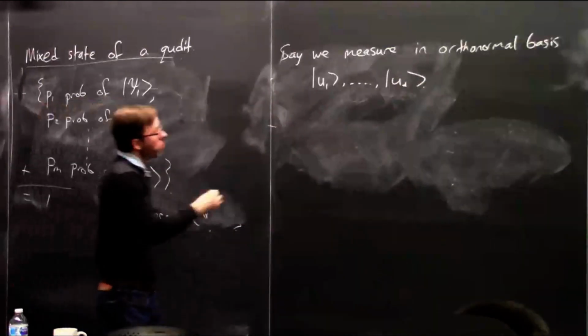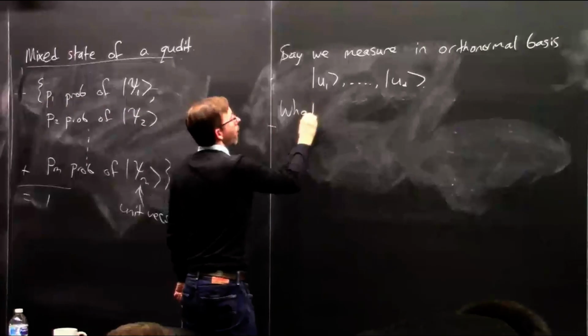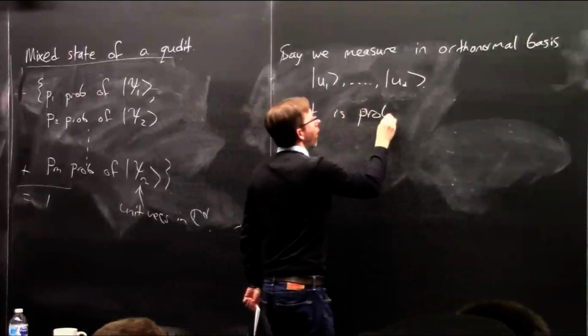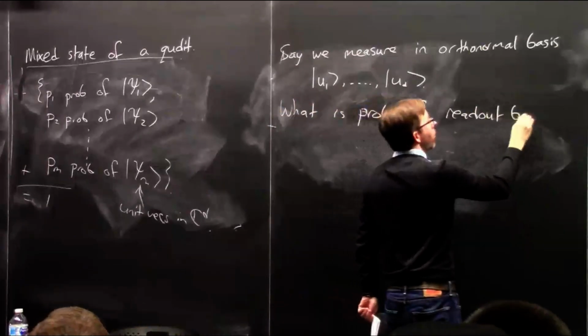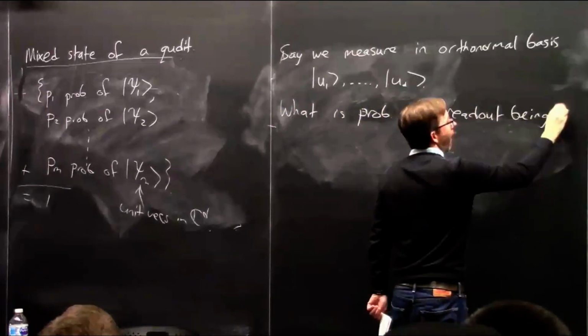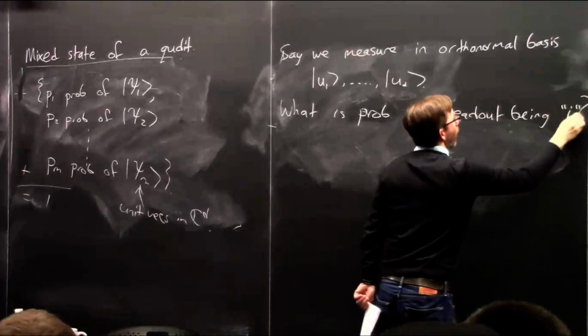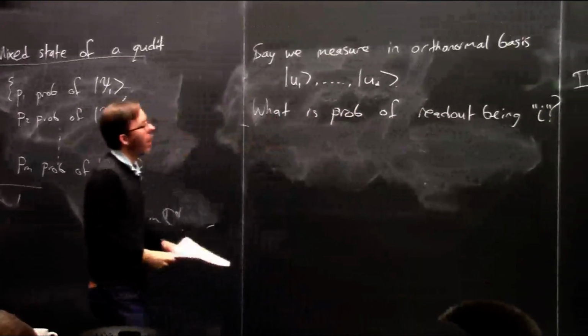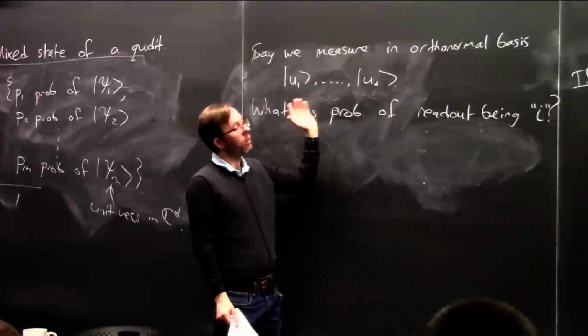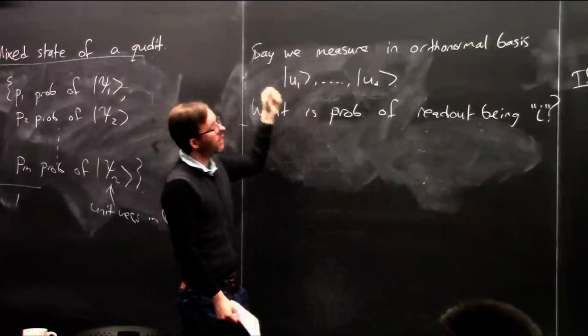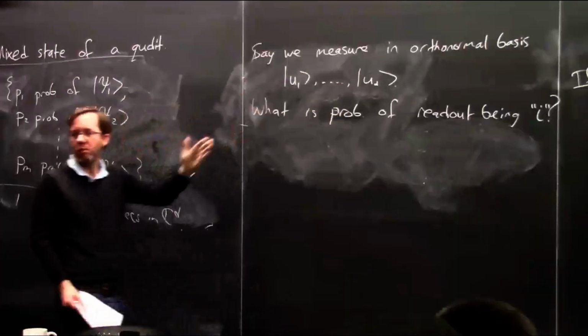OK, so then what is the probability of the measurement device reporting I? OK, for each I being 1 through D, we want to figure out the probability that when we put this into our measuring device, it'll report that it measured UI.